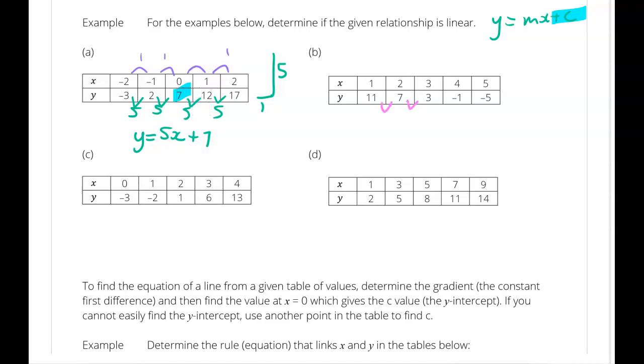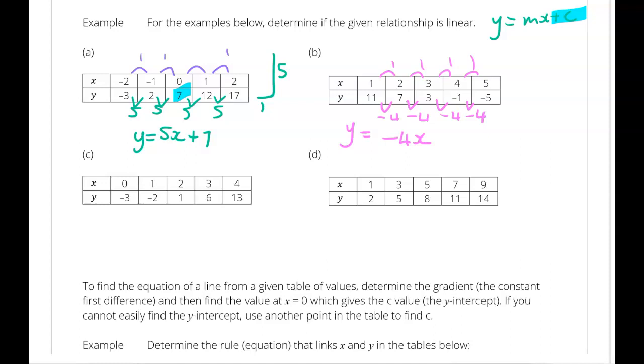What's happening to our y values as x is going up by 1? So our y values in the second one are going down by 4.